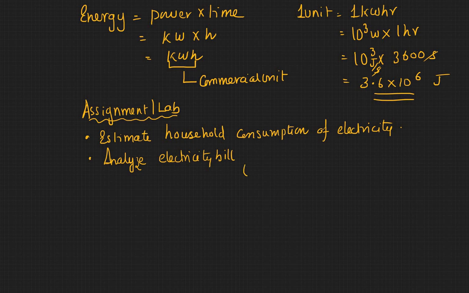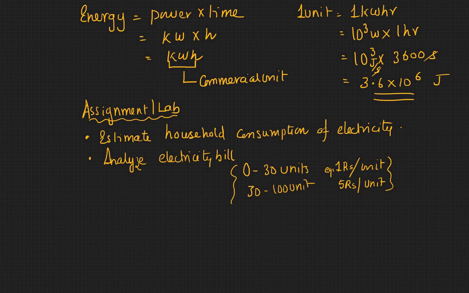What that means is, for the first 0 to probably 30 units, it may be, for example, 1 rupee per unit, and then maybe from 30 to 100 units, it could be 5 rupees per unit. I'm just giving you an illustrative example. So based on this, if you're using about 90 units, your net bill would be 30 rupees, plus for the next 60, it is 60 into 5.